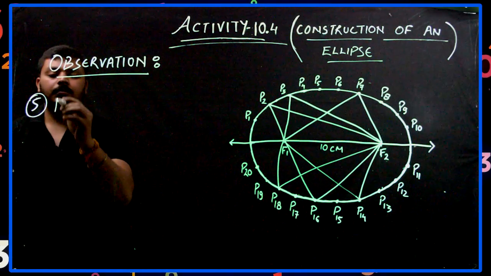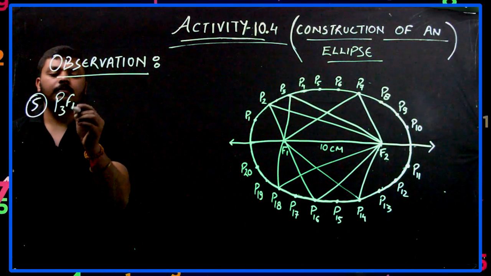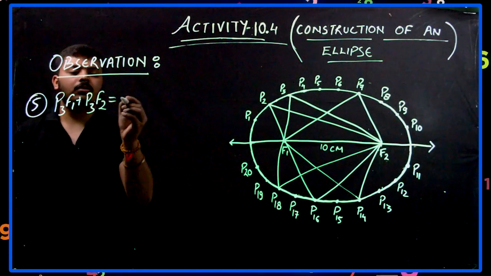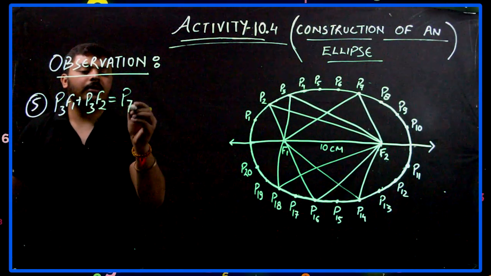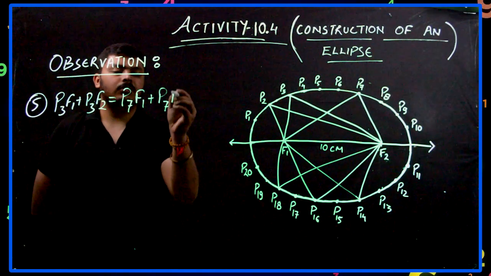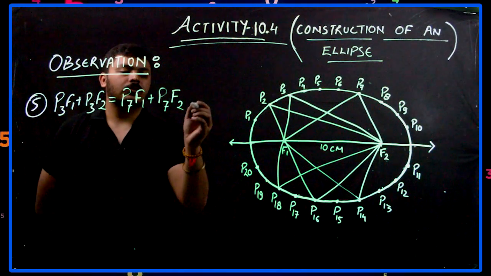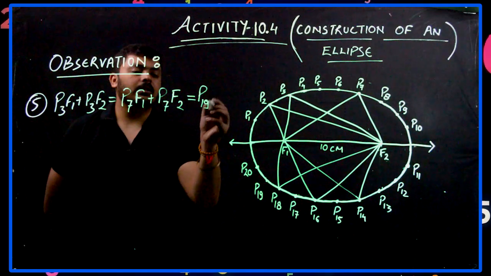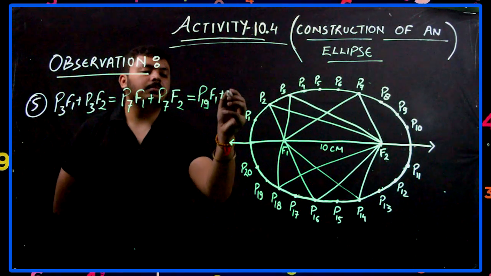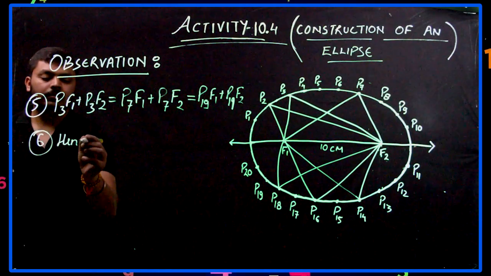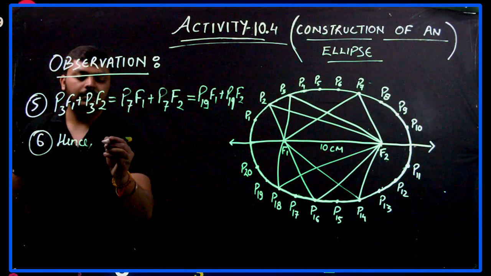So we can say P3 F1 plus P3 F2 is equal to P7 F1 plus P7 F2 equals P19 F1 plus P19 F2.